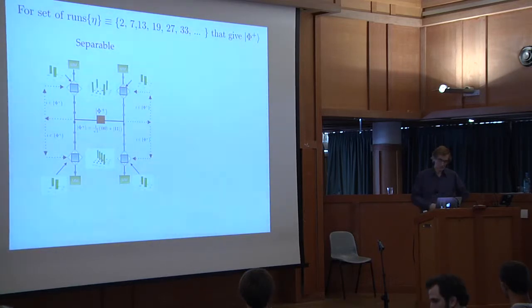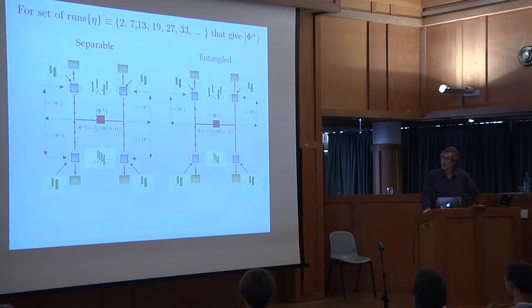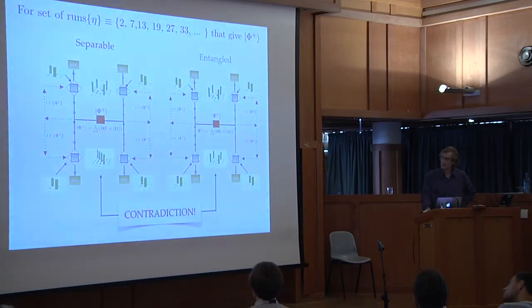It must be separable. Whereas for the case that we've calculated the results for phi plus, we do get the entangled state here and we do get the entangled state there. And so we have this contradiction between the argument from independent preparation and the argument from pre-entanglement.